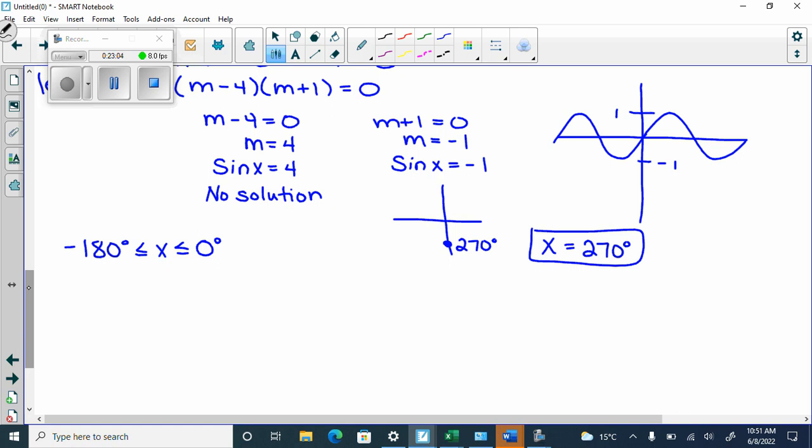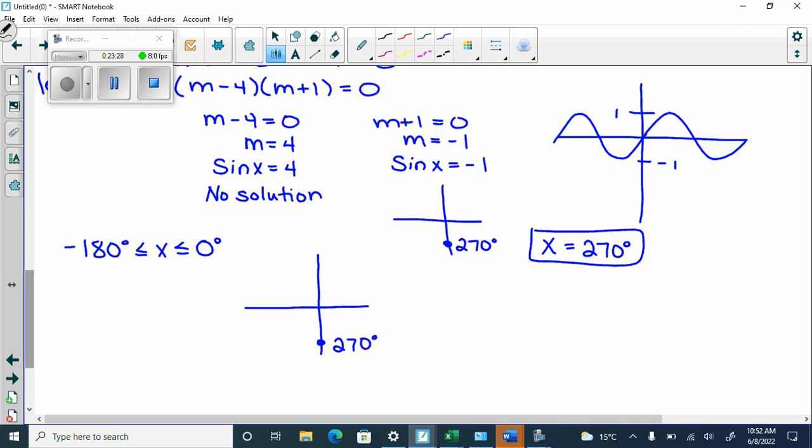270 doesn't fit, correct? But how can we get a coterminal that's negative of it? What did we do? So here we have 270. We know that if we go backwards, we get a negative angle. Negative angles go clockwise.